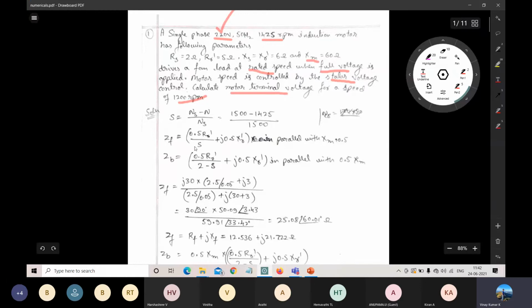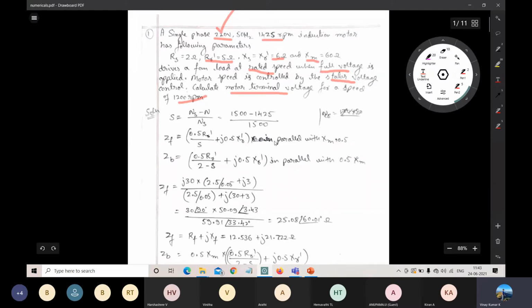So we know RR dash is 5 ohm and XR dash is given as 6 ohm. These are in parallel with 0.5 times XM.